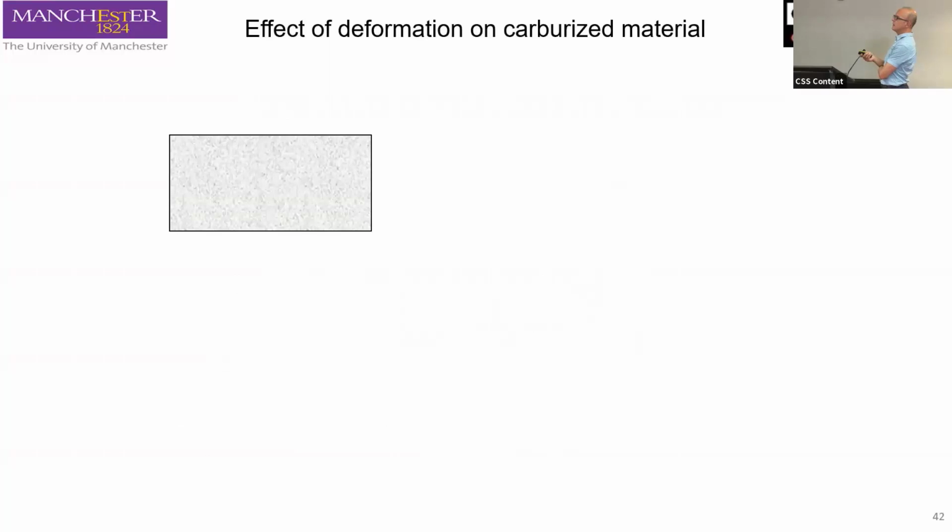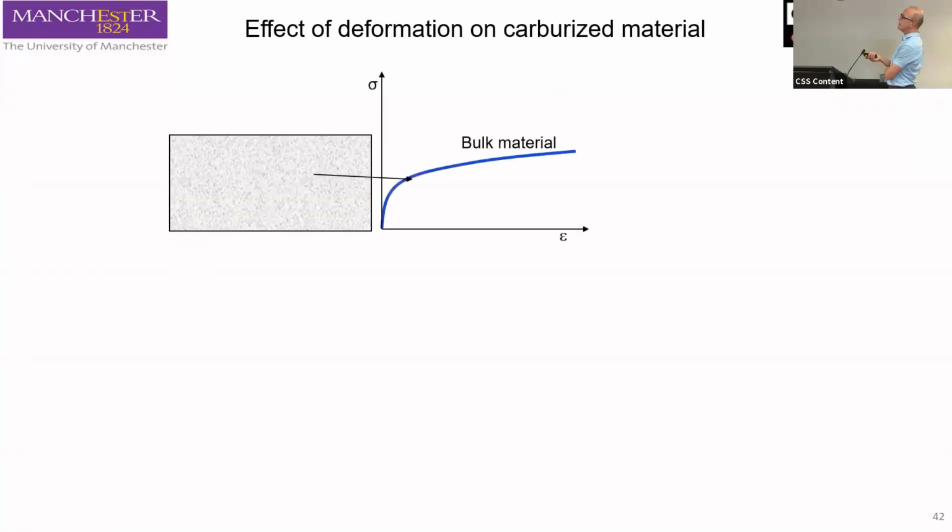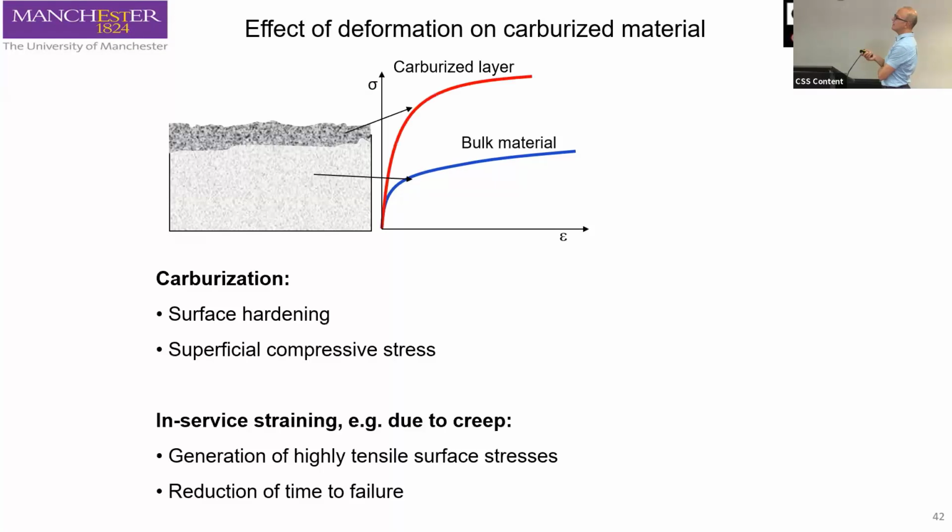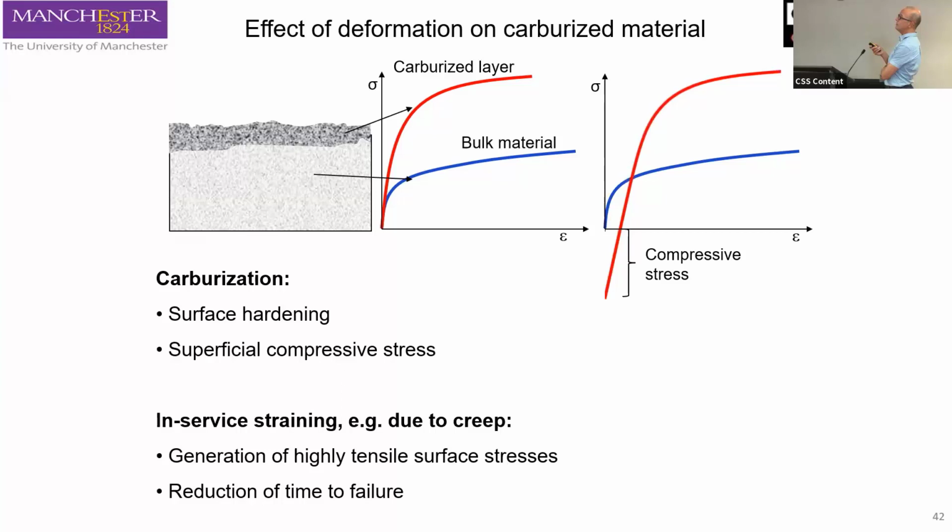First of all, we could see a strong effect of deformation on the carburized material. Here is a schematic of a material that is not carburized, and you have a relatively low yield and a high ductility. If you carburize the material, you introduce hardening, so the yield strength significantly increases, and you can also increase compressive stress.